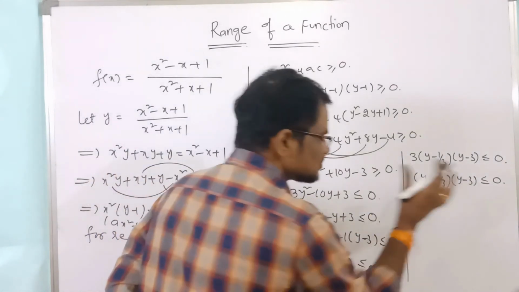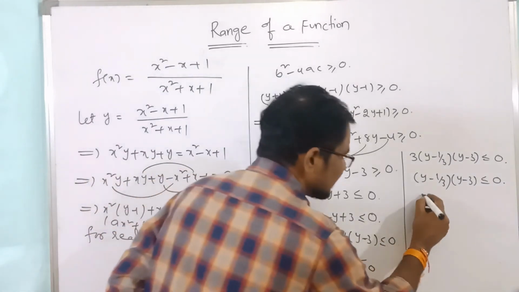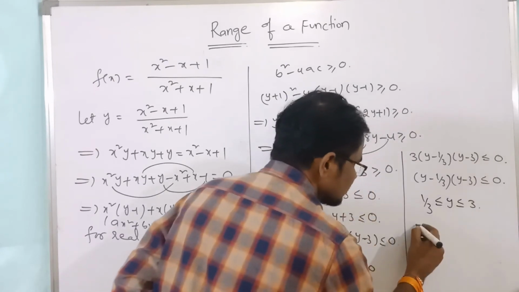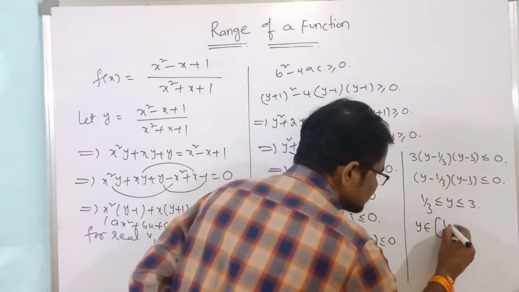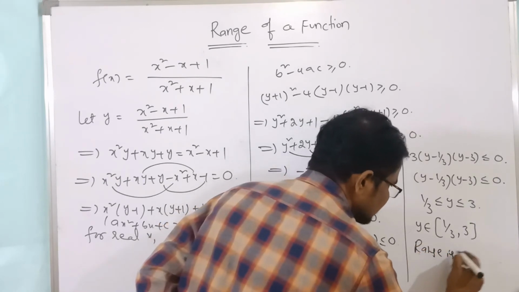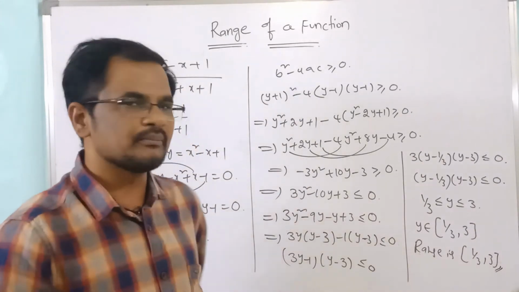Now if you take these two, y equal to 1 by 3 and 3, on the real number line, you will get 1 by 3 less than or equal to y less than or equal to 3. So therefore y belongs to the closed interval 1 by 3 to 3. So therefore the range of this function is the closed interval 1 by 3 to 3. So this is an important problem.